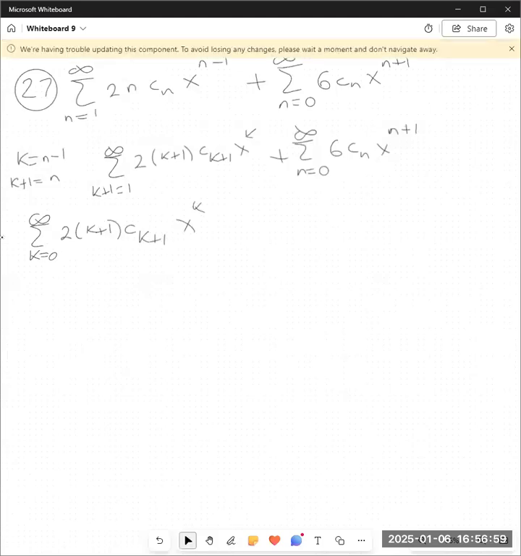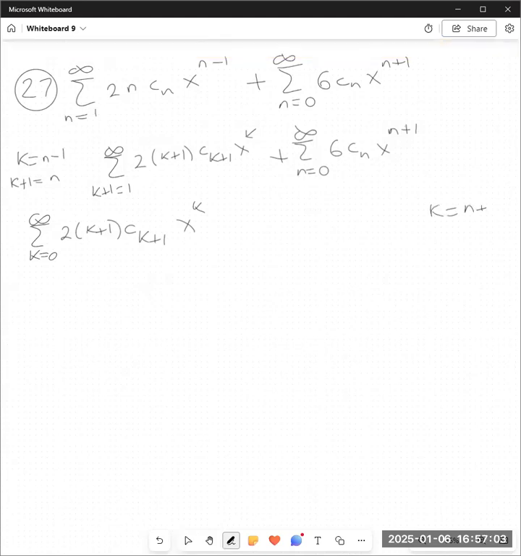All right, now let's start working on this other one where k is going to be equal to n plus 1. So k minus 1 is equal to n. So k minus 1 equals 0 to infinity of 6 c_(k minus 1) x to the k.